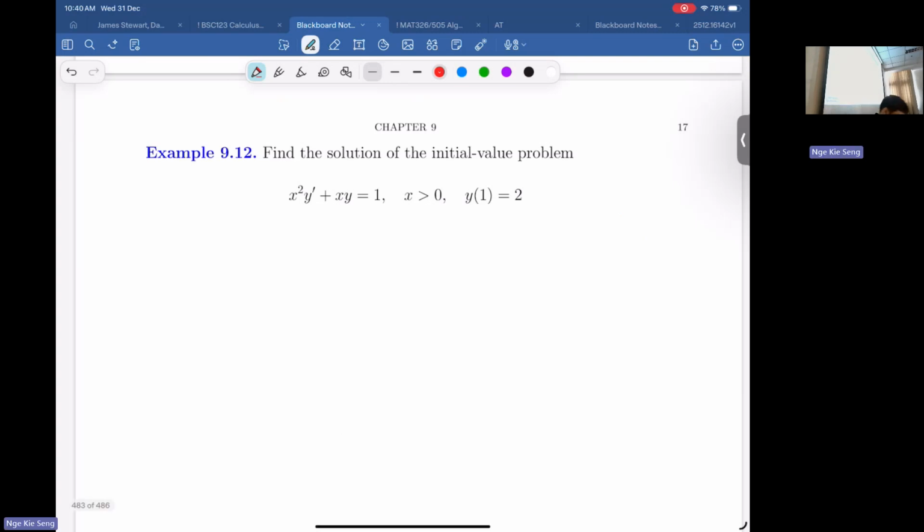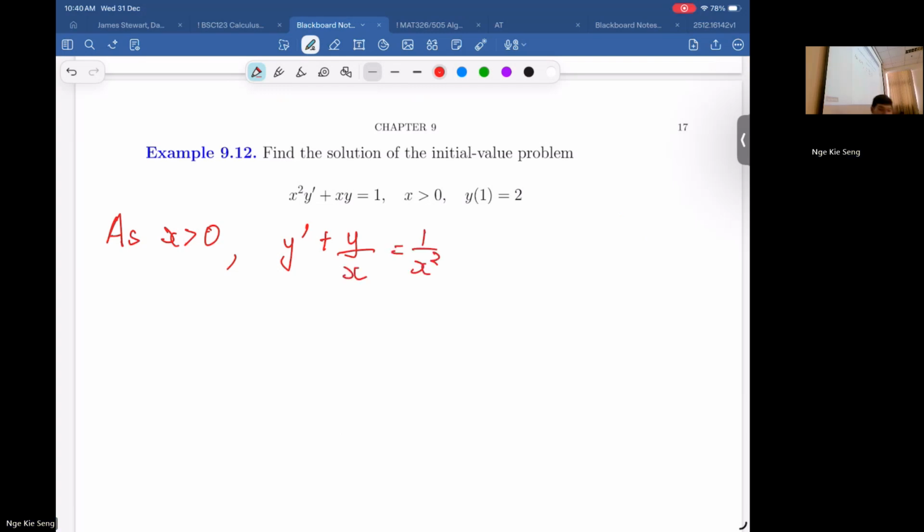So how to see this as a first order linear? As x is always greater than 0, we can simply divide the x across. Then your P(x) will be 1 over x again. Q(x) will be 1 over x squared.